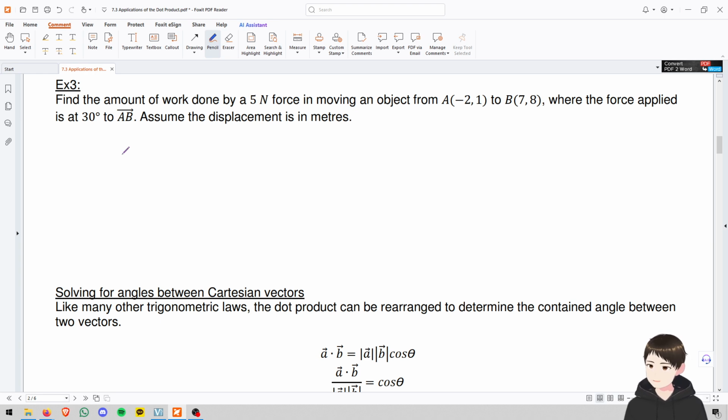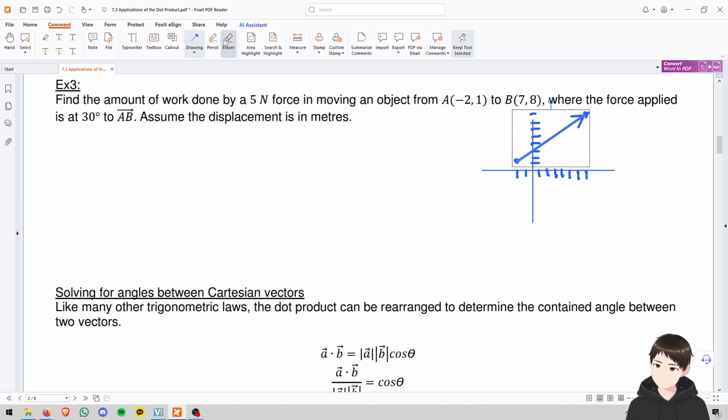Find the amount of work done by a 5 newton force moving an object from here to here. So now we have algebraic vectors involved. I'm going to draw it out just so you can visualize. Negative 2, 1 is somewhere here, and 7, 8 very roughly is somewhere there. I am moving an object from here to here, and that is my algebraic vector.